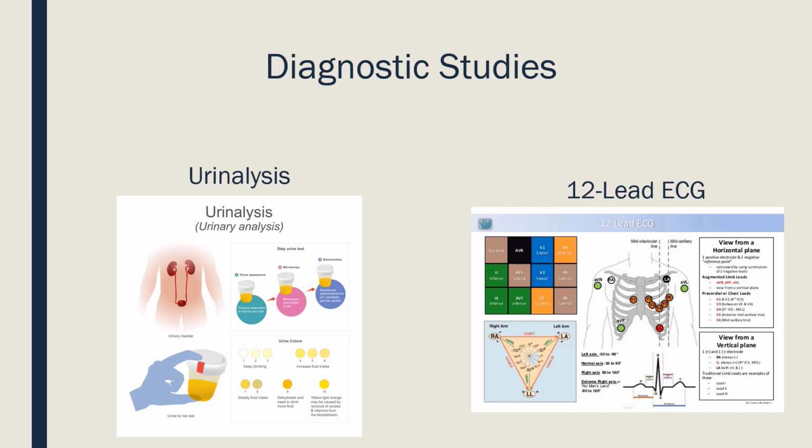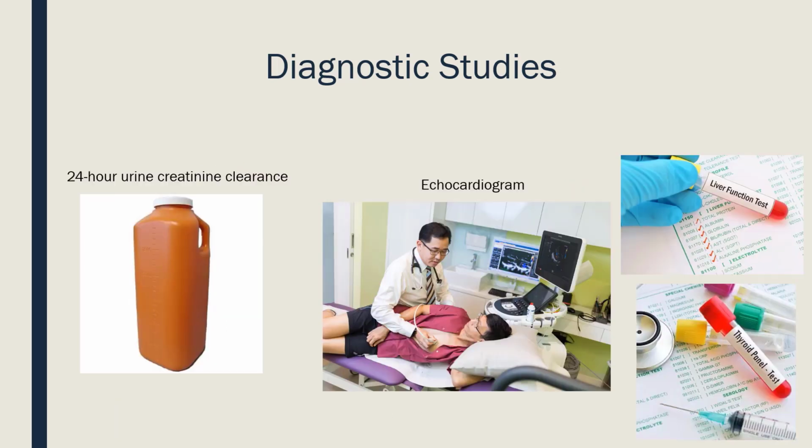Okay, 12-lead ECG, this can be done also routinely for a client that might have coronary artery disease. That's just to check if there's any abnormal heart rhythm. In addition to that, 24-hour urine creatinine clearance can also be done, especially if your patient is hypertensive, and this is just to check if the patient still is able to clear creatinine, because 100% of creatinine should be out of the system.